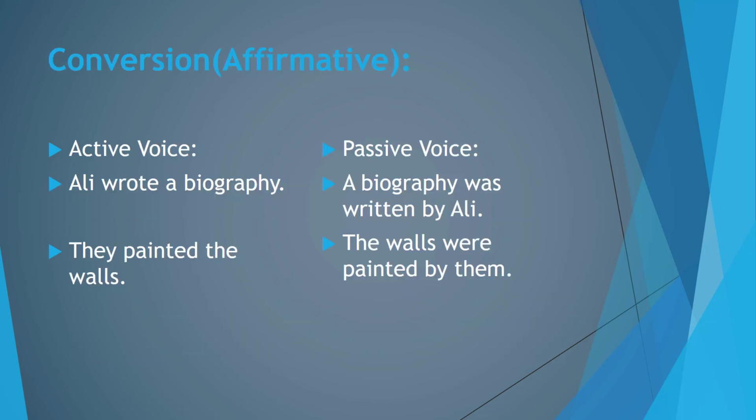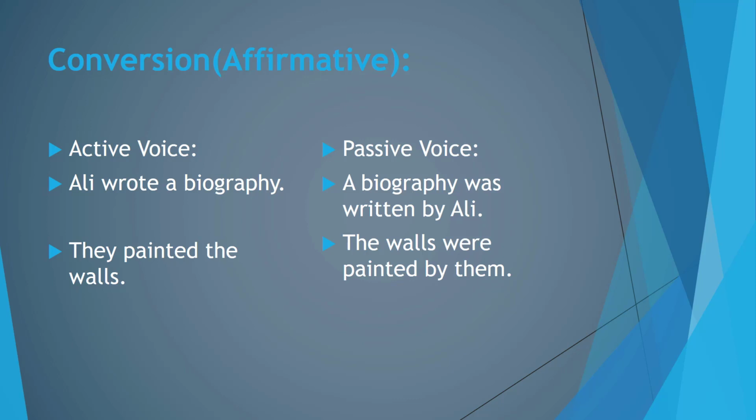Dear students, for your better understanding, I've added more examples. Have a look how conversion takes place while converting active voice into passive voice. In active voice, we have an example: Ali wrote a biography, and the passive voice is a biography was written by Ali.